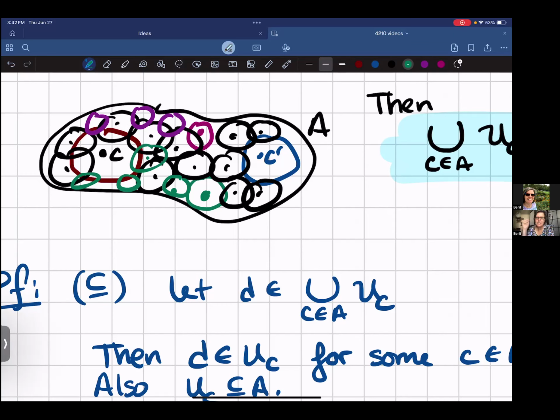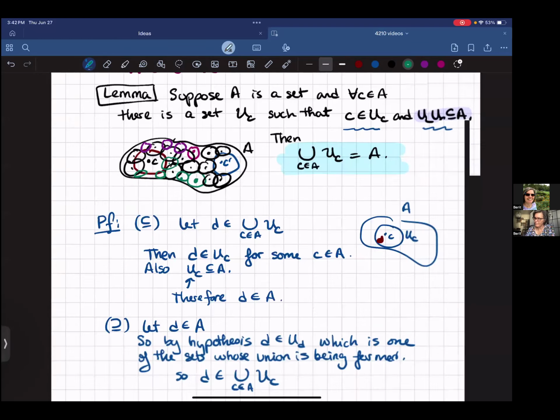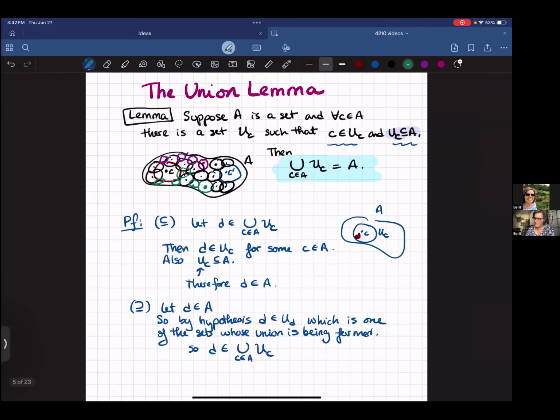And since every single point gets covered by a U, nothing gets left out. Okay, nothing gets missed. And so that's essentially what the two parts of the proof are saying. The first part is saying that all of these little circles stay inside of my set A. And the second part is saying that every point of A gets covered by one of them.